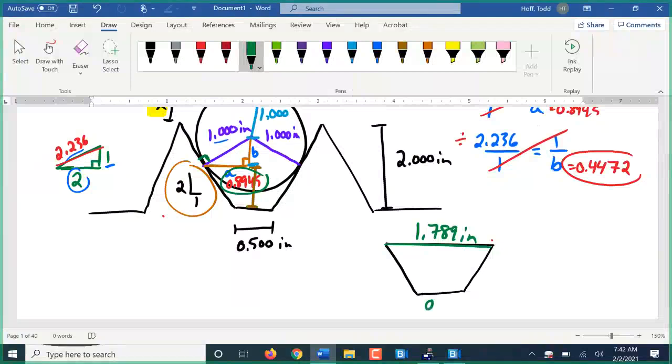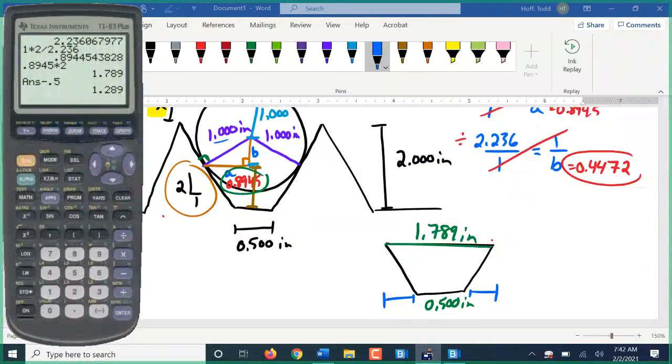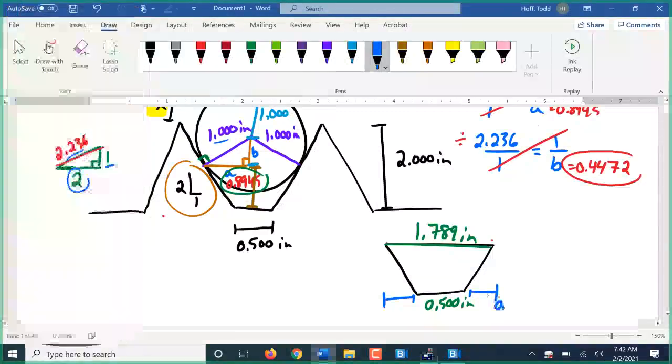Now this across here is 0.500 inches. So the dimension on each side here has to be half of the difference. So we subtract the 0.5, we have the 1.289, and we're going to divide that by 2. This is 0.6445 on each side.